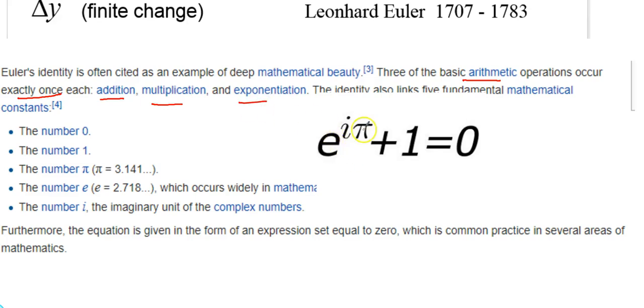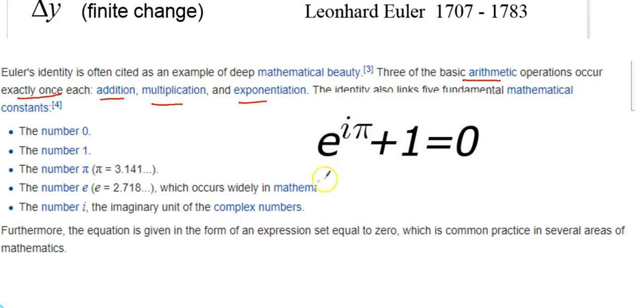These are the five numbers being used: 0, 1, i, pi, and e. This equation is called the most beautiful equation ever come up with in mathematics. As a BC calculus student, you should know this equation, and later on maybe we can prove this in a series unit. So this is Euler's contribution.